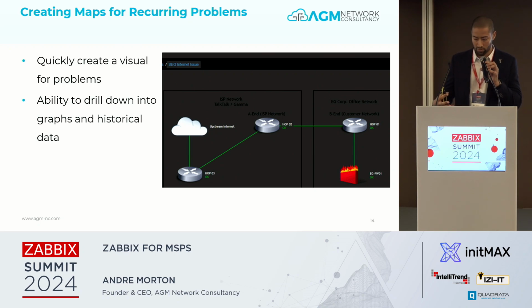So here we've got an internet service provider issue where they had a leased line, and we could easily just diagram it out, use that as a basis to show the third-party team, and then troubleshoot from there. When the issues were happening as well, you've got the problem showing exactly where it's happening in the map. And this is all quickly creatable. As soon as you've got the device or the service in there, you can pull this information into a map very quickly and easily.